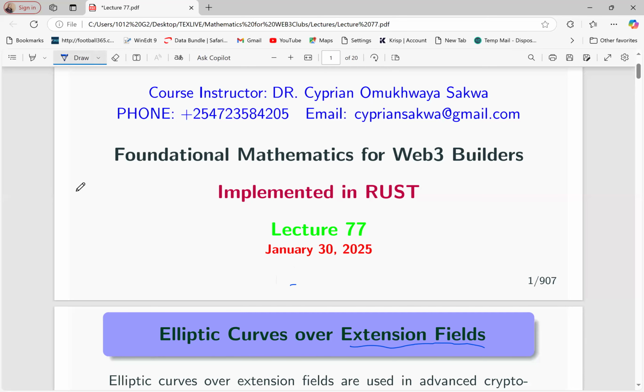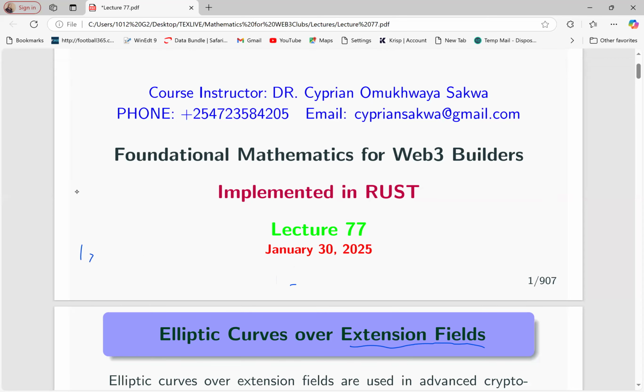Now, what is more interesting is that although the original points were the real points we know, like 1, 2, 3, 4, the new field, the extension of the original field, would still have the points of the original field. And in addition to this, we'll have other points, and these other points will be in the form of polynomials.